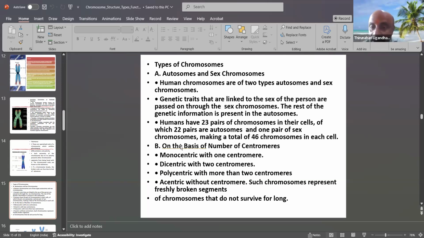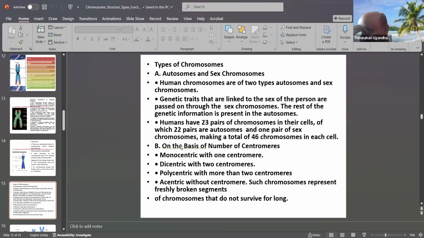Autosomes and allosomes are also called sex chromosomes. Now, human chromosomes are of two types: autosomes and sex chromosomes. Genetic traits that are linked to the sex of a person are passed on through the sex chromosomes. The rest of the genetic information is present in the autosomes.